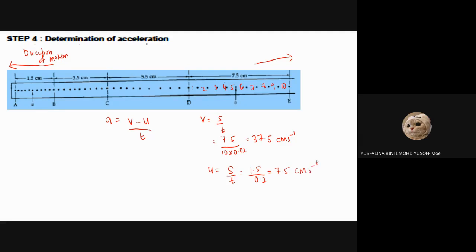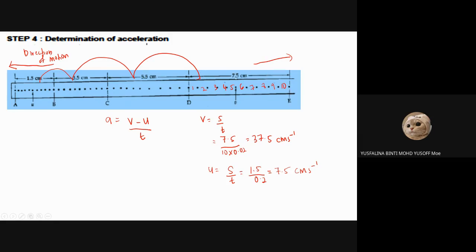Now we already have V, we already have U. Now we have to find T, for acceleration. You have to jump from one part to one part, right? So 1, 2, 3, until you reach the V part.